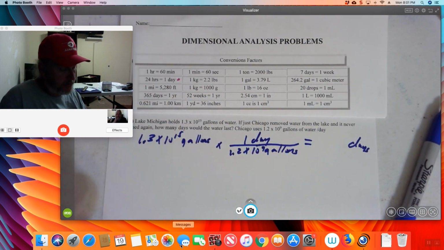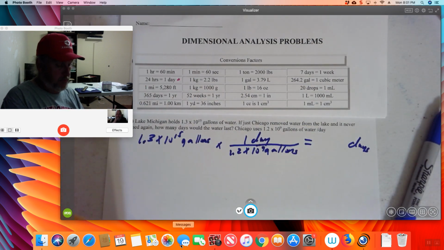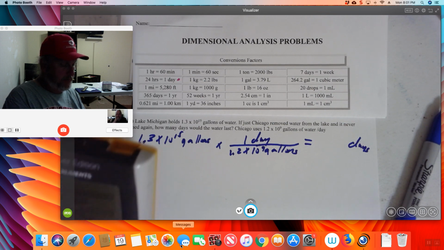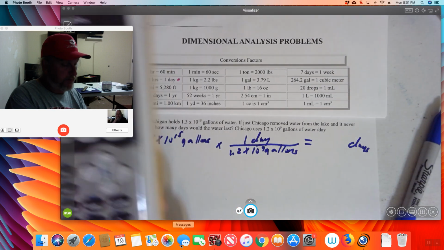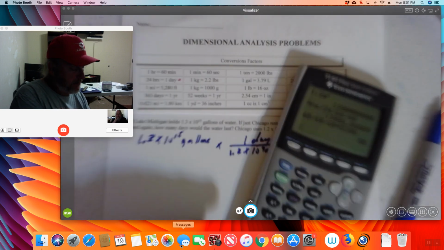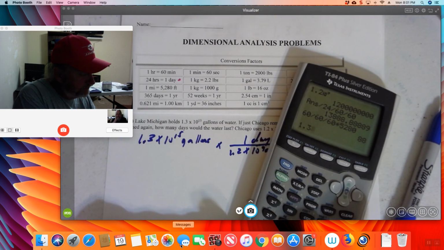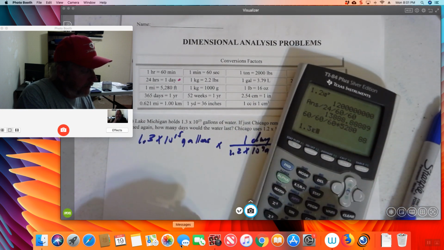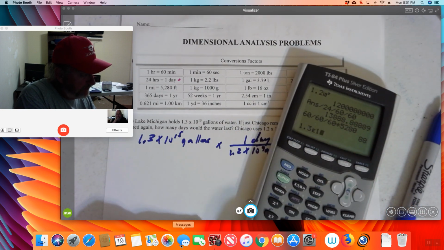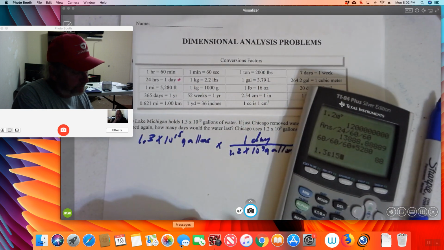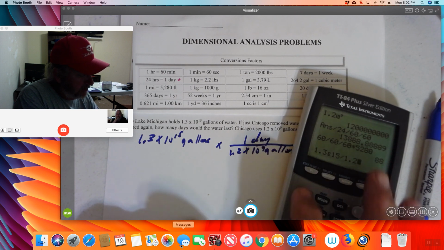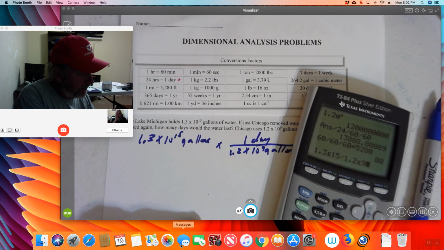That's the key I wanted to use right there on the TI-84, the EE button. So I'm going to type this in, 1.3, second, EE, 15. It's got the E, or the exponent, divided by 1.2, EE, 10 to the 9th.